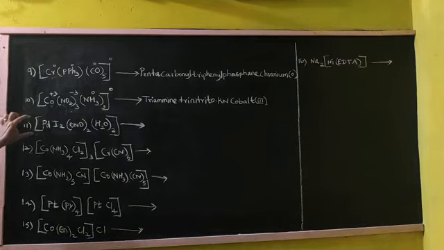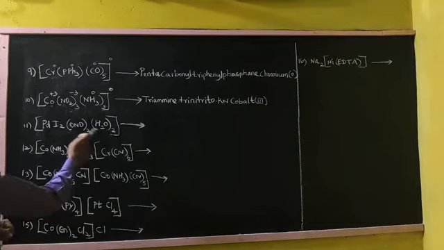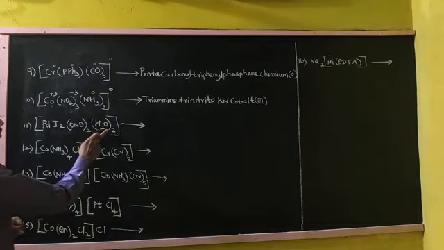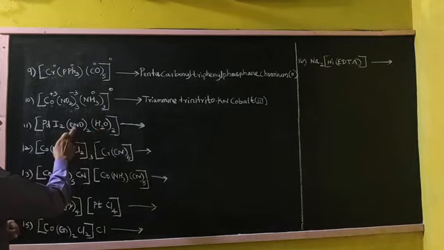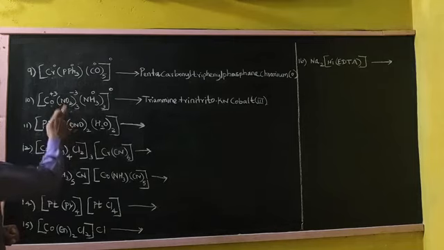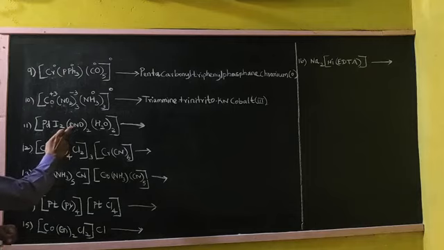Next, the 11th compound we see. The 11th compound, which type of ligands? Water is here, so aqua. Here nitrito. In the previous one we saw NO2 is an ambidentate ligand, ONO. These two are ambidentate ligands. Here the coordinate bond comes from oxygen to palladium, right?